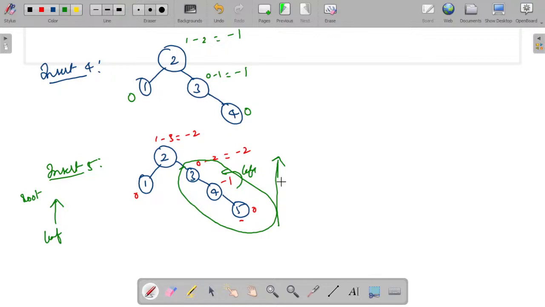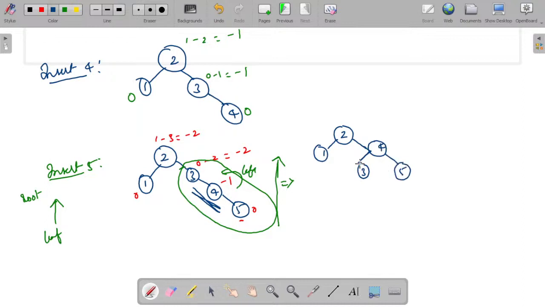So here the tree would change into something like this. So 2 stays as it is, and sorry, it is 1. 1 is going to come here, and 3 will be pushed down because we are performing a left rotation between these particular nodes, and 4 goes up, and 5 stays as it is.